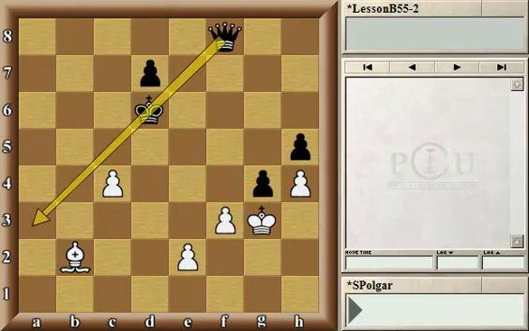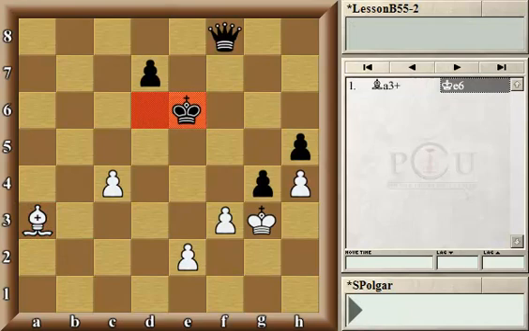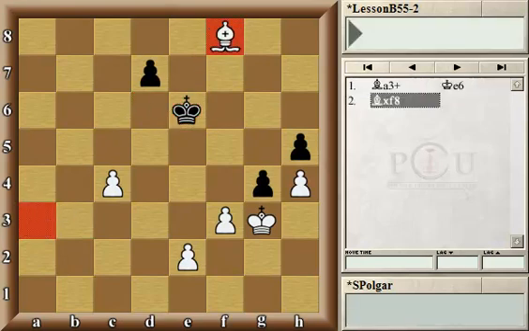So for example, if the white bishop were one square over on C2, then it would not matter. But in our current situation, it very much does matter. And after the white bishop appears on A3, checking the black king, forcing it to move away from the diagonal, that will result in the gain of the queen.